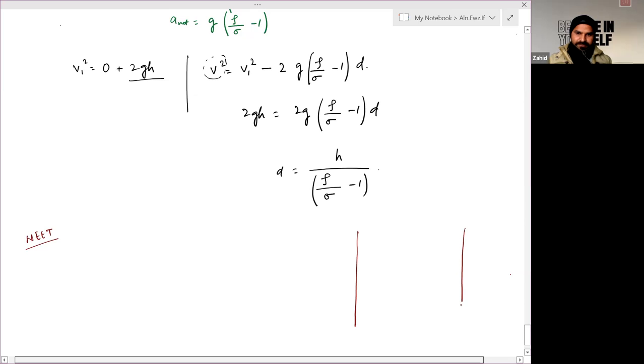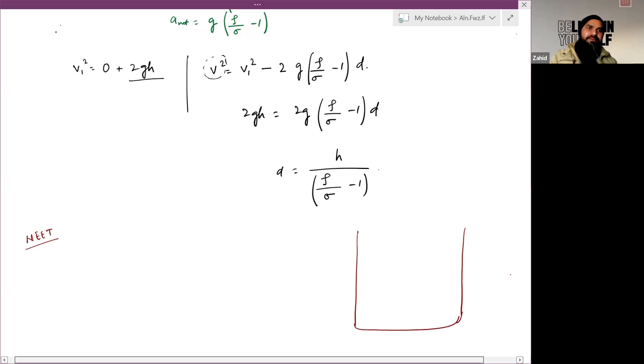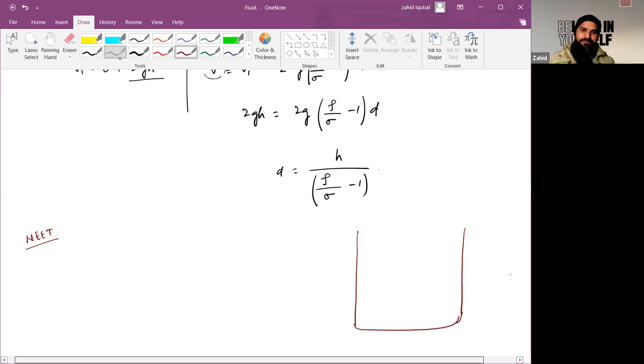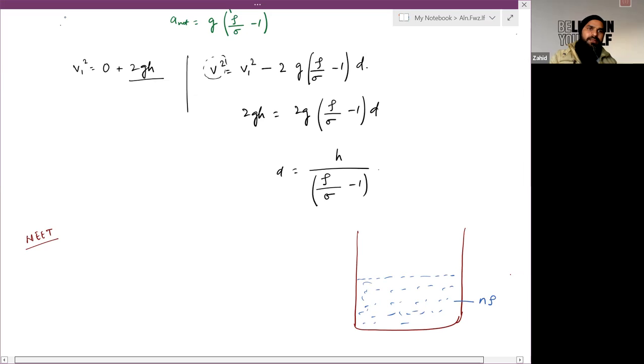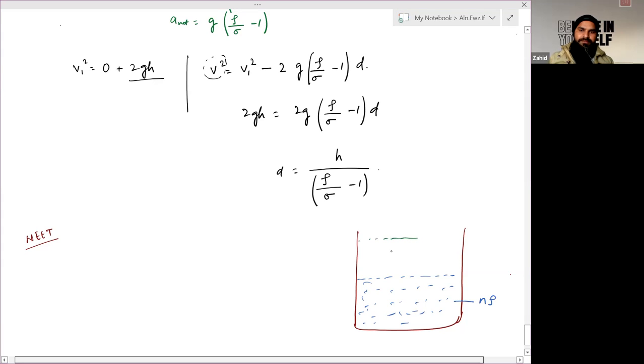Suppose you have a container in which two different types of liquid are filled. One has density n times rho and the other has density rho.